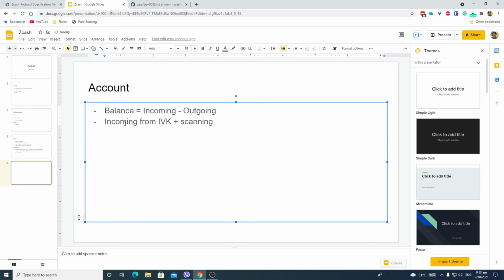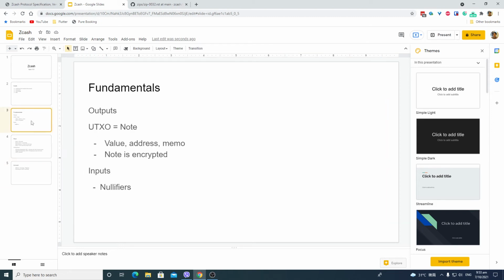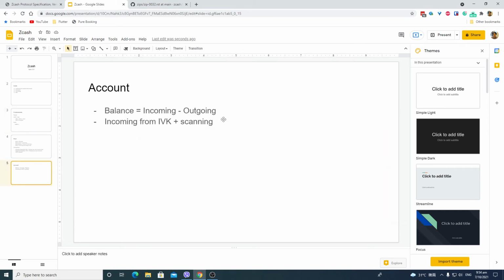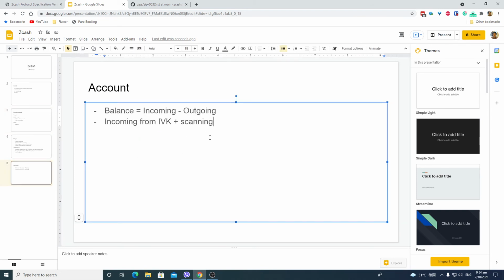So this is the part where you have to scan the blockchain, all transactions, whether it's blockchain or mempool, try to decrypt with your IVK and see if it's yours. Then you have the value, the address, and the memo. So you would be able to detect the incoming money, right? And the outgoing is from nullifiers.